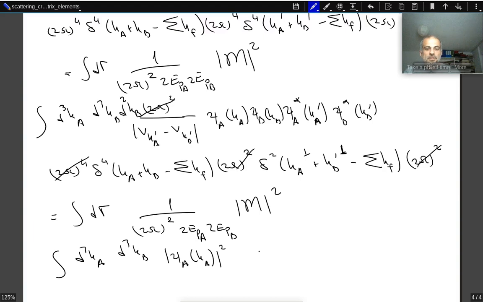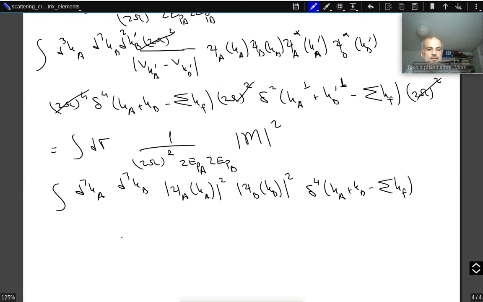And similarly for kb, ψb of kb squared. And what remains is we have the Dirac delta to the 4, ka plus kb minus the sum over kf. This Dirac delta we had already used to evaluate this d²kb prime integral.